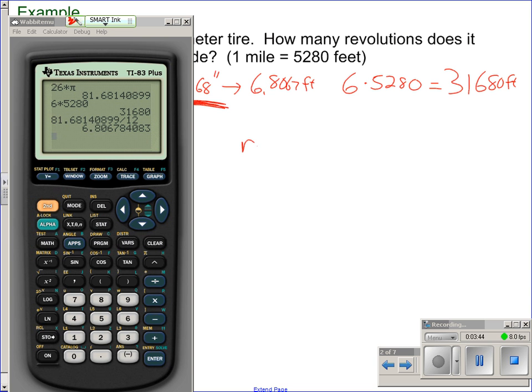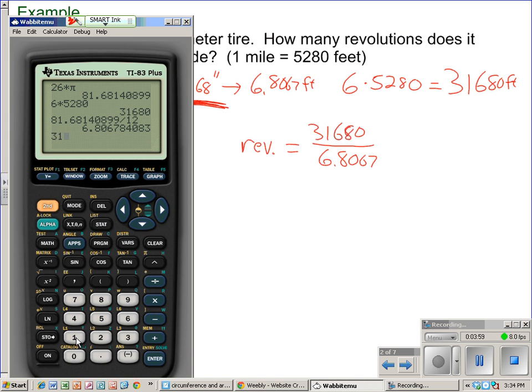The 6-mile bike ride goes 31,680 feet. So the number of revolutions equals how far it goes divided by how far the bike travels with 1 revolution. So we do this division: 31,680 divided by that last answer.